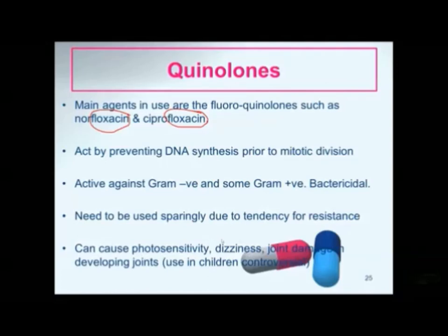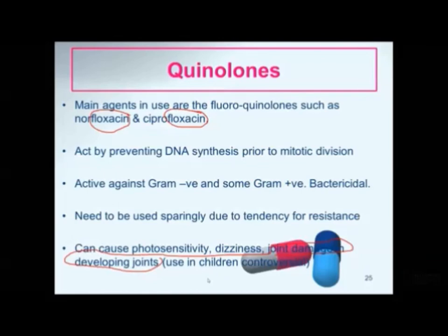We don't normally associate that with antibacterials, but this is probably the one that's most problematic. It's this joint damage. They can tend to cause musculoskeletal problems and damage to joints, particularly in young developing joints. So they're only available for use in children in very, very specific circumstances, because there seem to be additional risks with the use of these drugs.